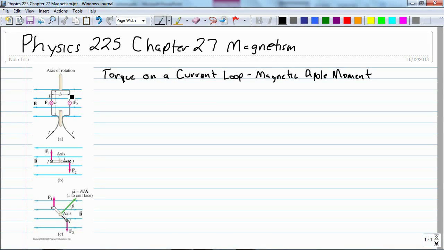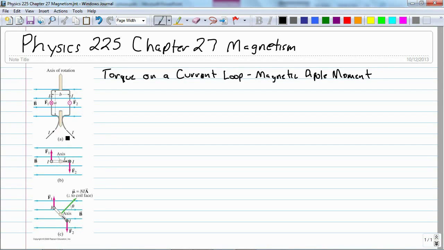And when we go to the right-hand side, the current's coming down with the magnetic field being horizontal to the right, and now we have a force that's coming out towards us.